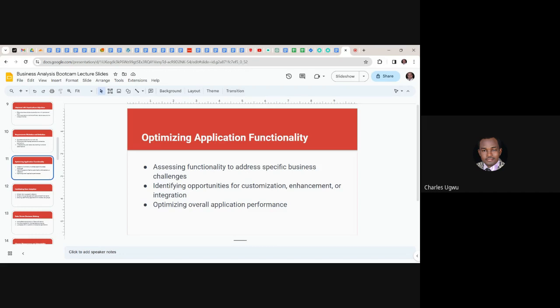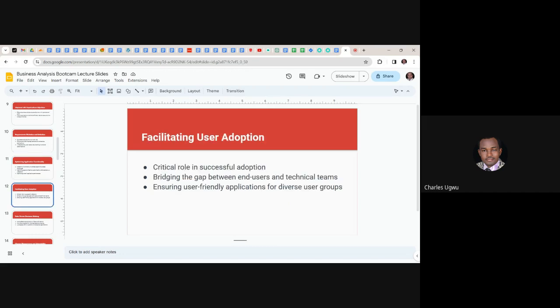So, when we talk about optimization, business analysis will help in assessing the functionalities to address specific business challenges, identifying opportunities for customization, enhancement, or integration, and optimizing overall application performance. Then we move to facilitating user adoption.